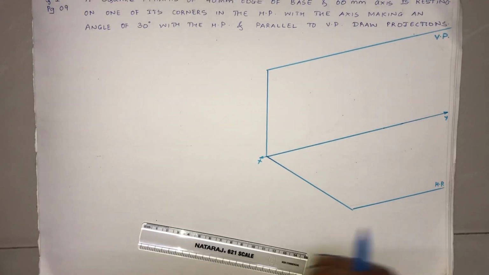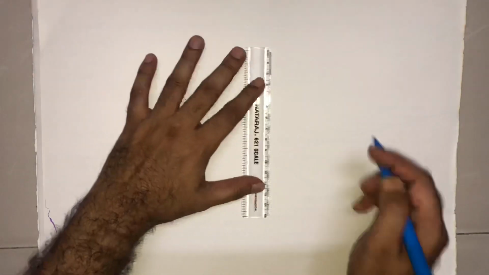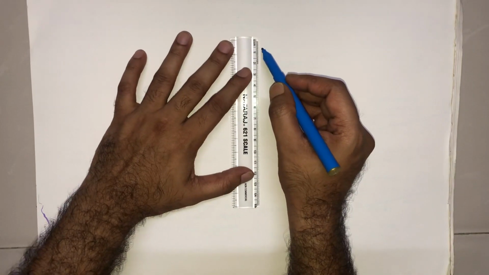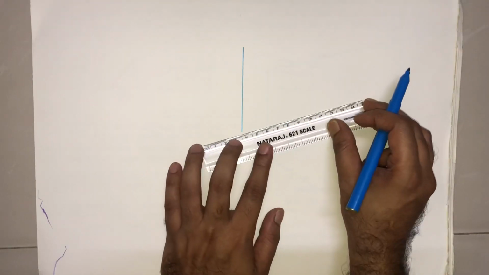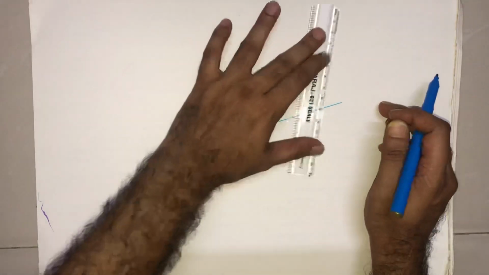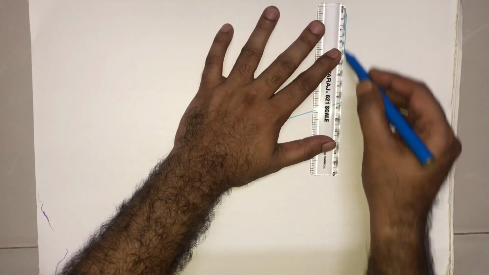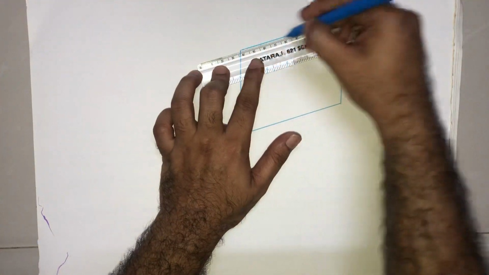Now, so that you have a quick ready reference of what this is, I'm going to draw a quick fast three-dimensional view of the same. Look, this is what I'm talking about basically. I'll show the first quadrant here.